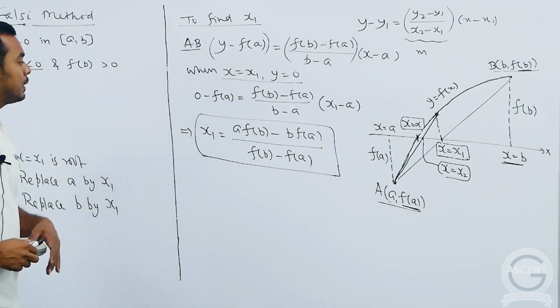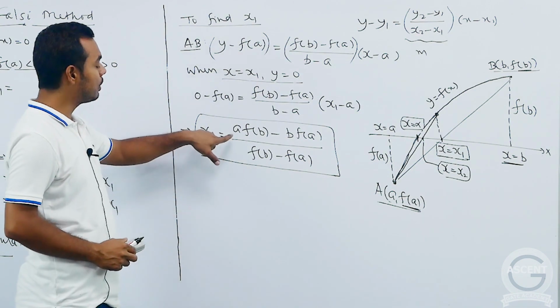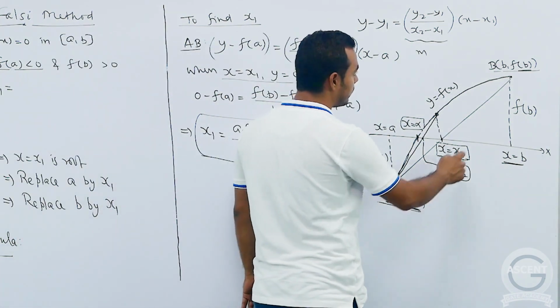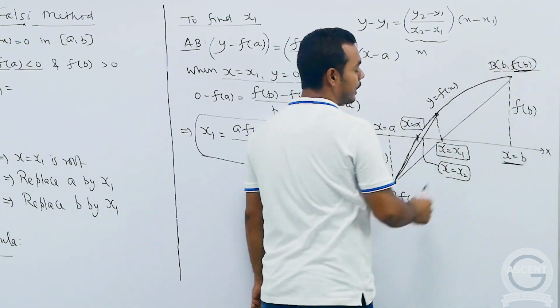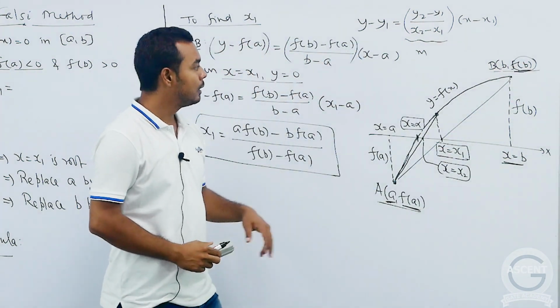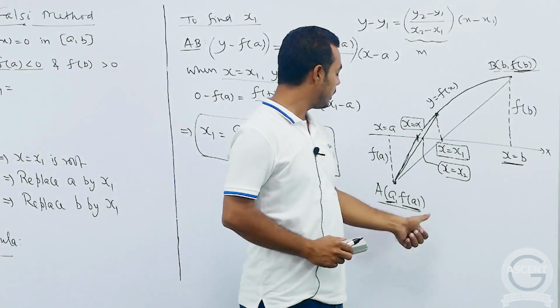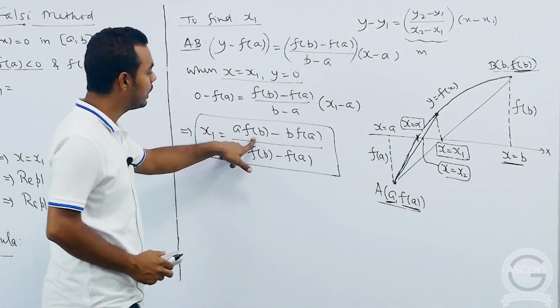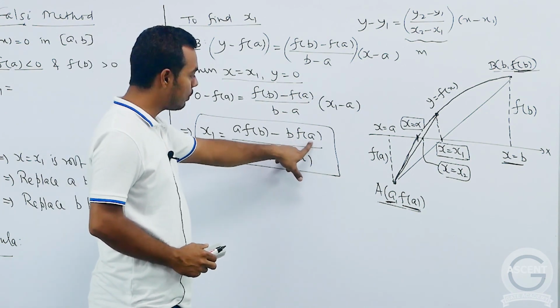Now how to remember this formula? It is very easy to remember. See, a f of b means we are taking the x coordinate of the first point and multiplying it with the y coordinate of the second point, minus the x coordinate of the second point multiplied by the y coordinate of the first point. So x of first, y of second, minus x of second, y of first.